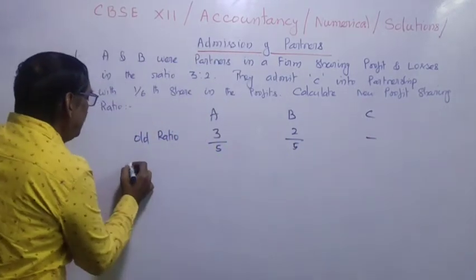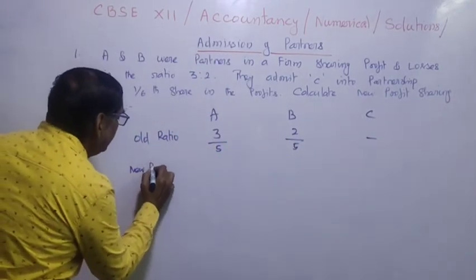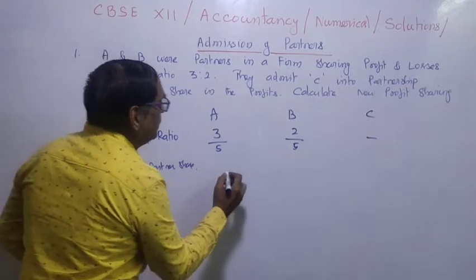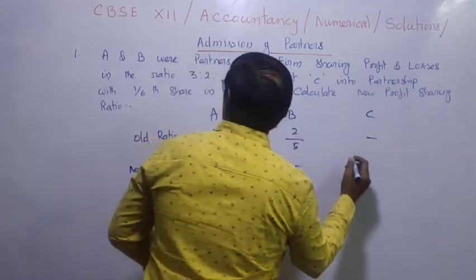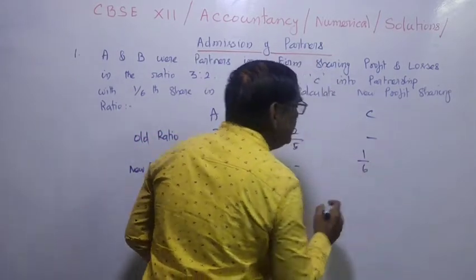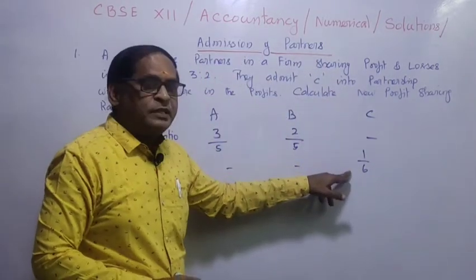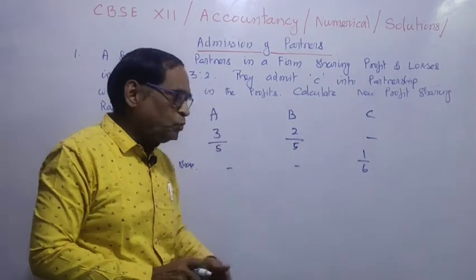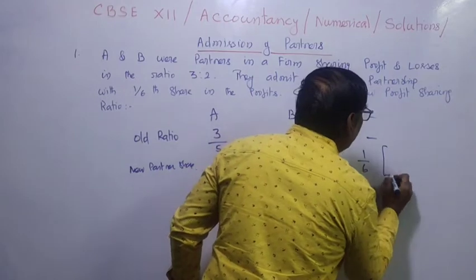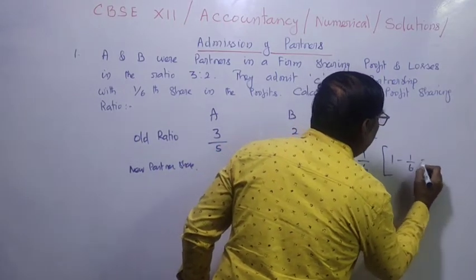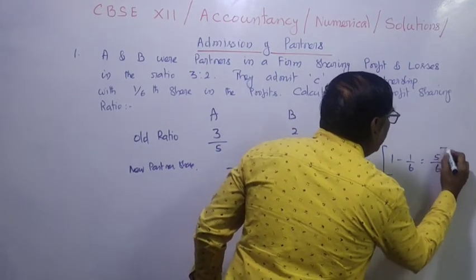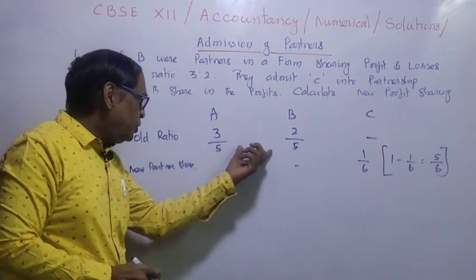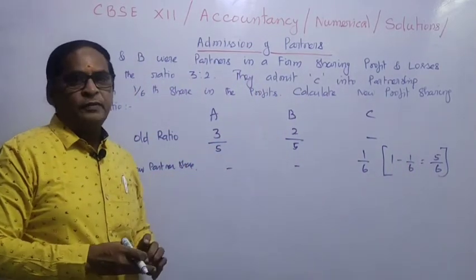And then the new partner's share is 1 by 6. That means 1 out of 6 is given. You can assume the total is 1. So the remaining part, 1 minus 1 by 6, will be 5 by 6. It will be shared among the existing partners in the ratio 3 by 5, 2 by 5.